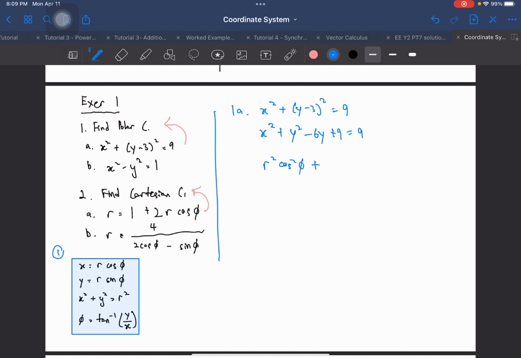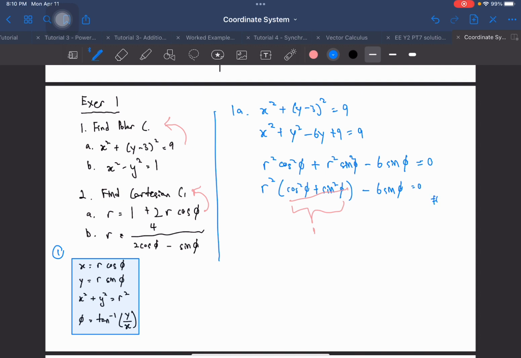And this is r squared sine squared phi, minus 6 sine phi equals 0. So you sum this up, you get this. But note that this is, what is this? This is 1, right? So we can cancel it out. So you get this. We are done.